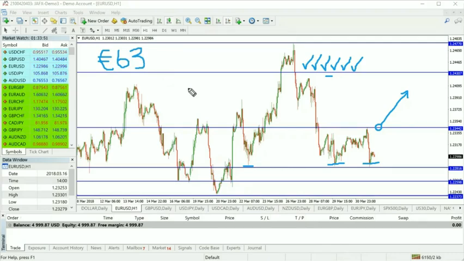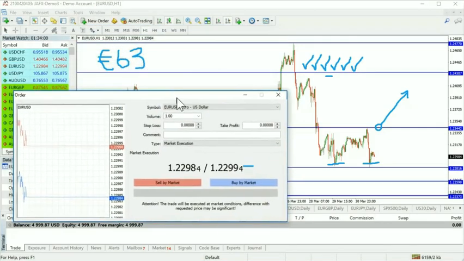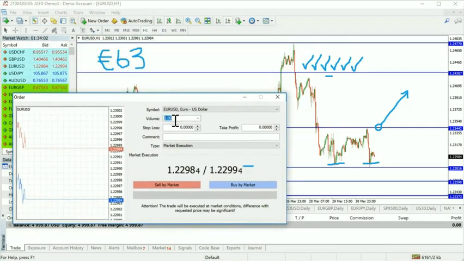We know exactly what all the levels are, so we can go ahead and look to book this trade in. So we'll click new order. We want to make sure we start with getting our volume absolutely correct when we take this trade.